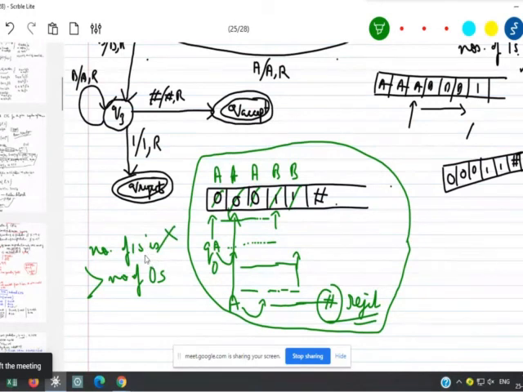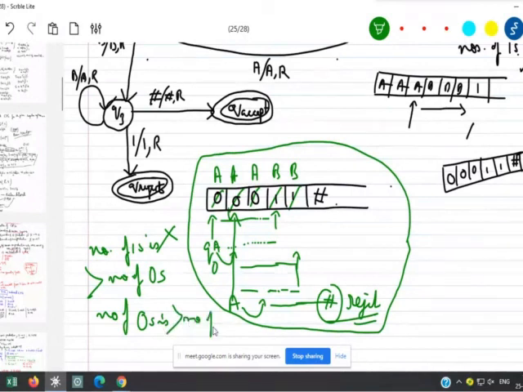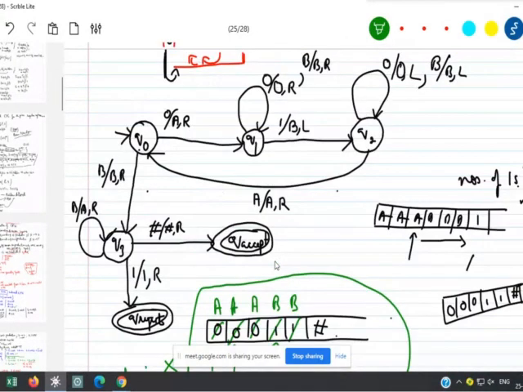But if the number of zeros is greater than the number of 1s, this has to be rejected. And then I have explained the scenario here. So what you need to do is modify it in this particular diagram.